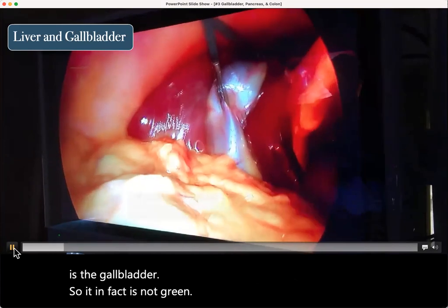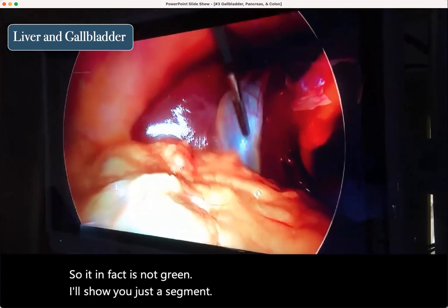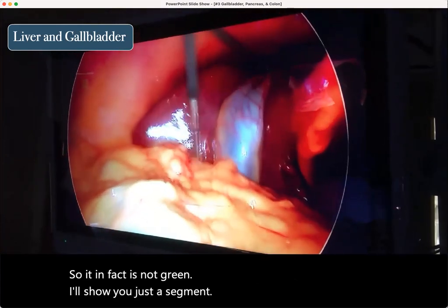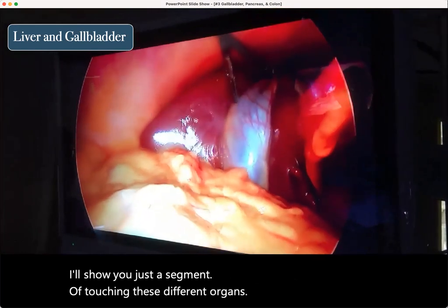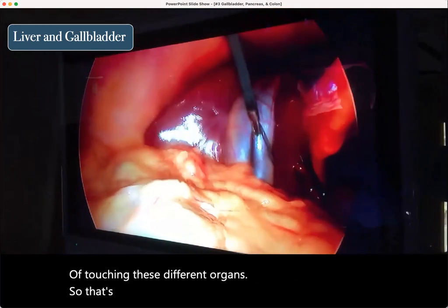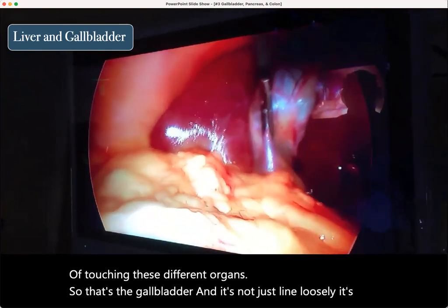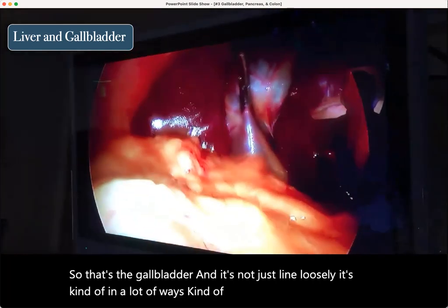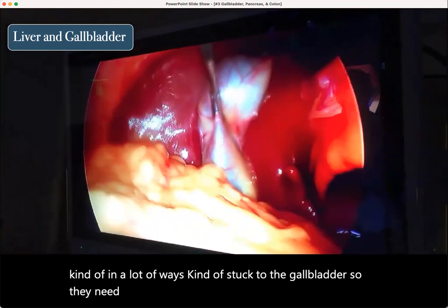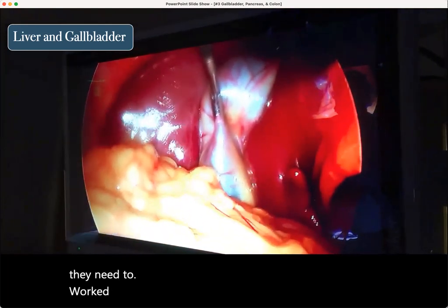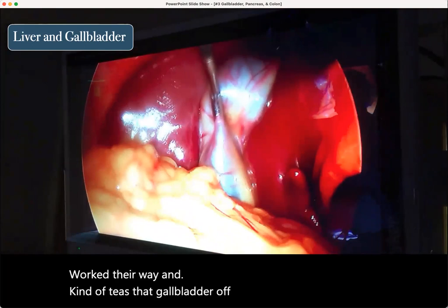I'll show you just a segment of touching these different organs. So that's the gallbladder, and it's not just lying loosely, it's kind of stuck to the liver. So they need to work their way and kind of tease that gallbladder off the underside of the liver.